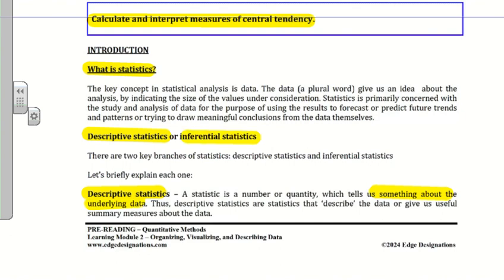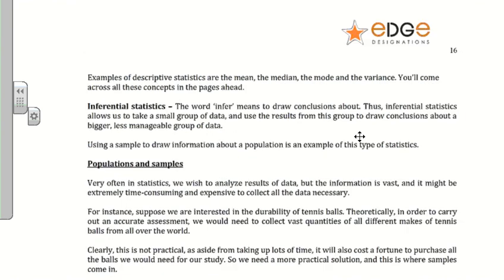We'll move on to where the more useful statistics comes in, and that is called inferential statistics. Look at the word again, infer: we draw conclusions about the data. So we can use the data to try and make inferences about the specific data.